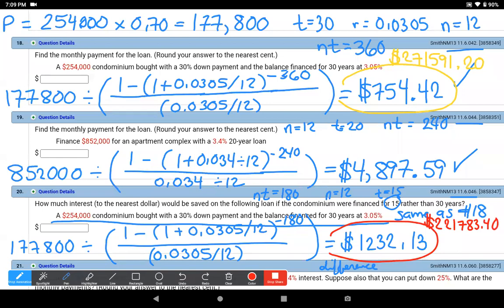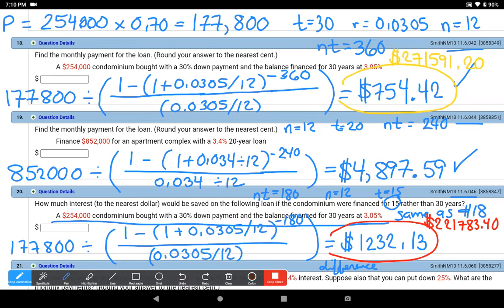So if I take the difference between those values, then we get the value of how much we save. So that wasn't for nothing, right? It was just a matter of how do we complete this now.